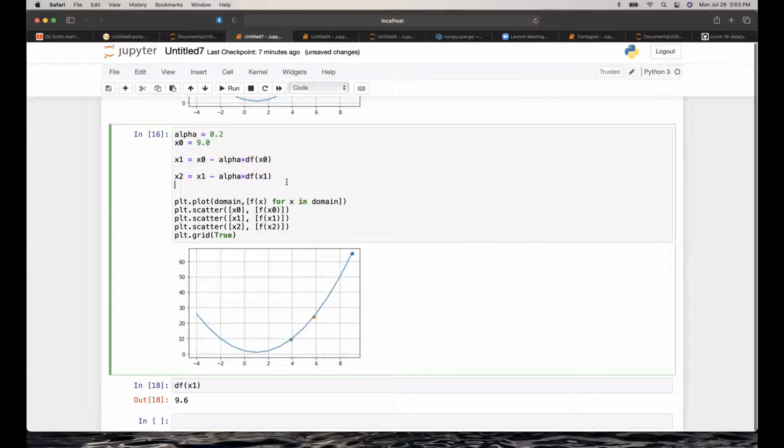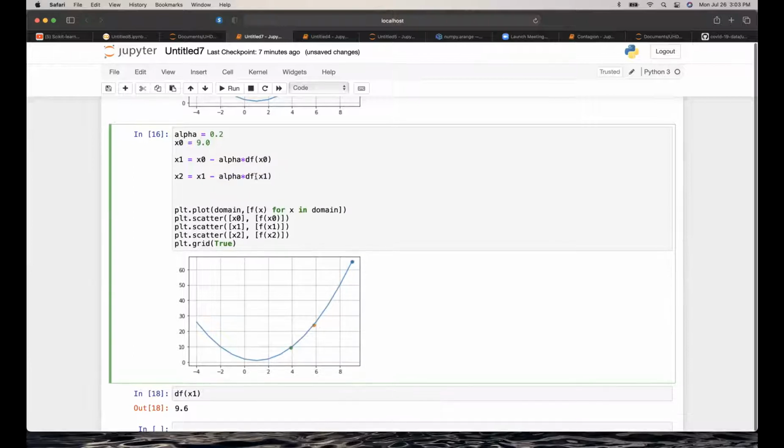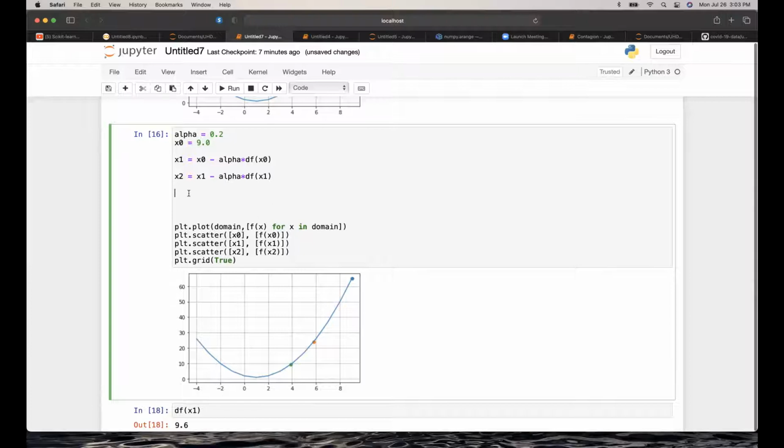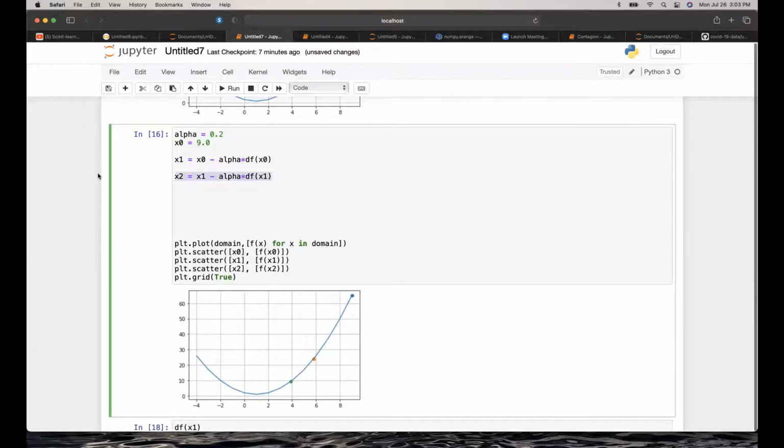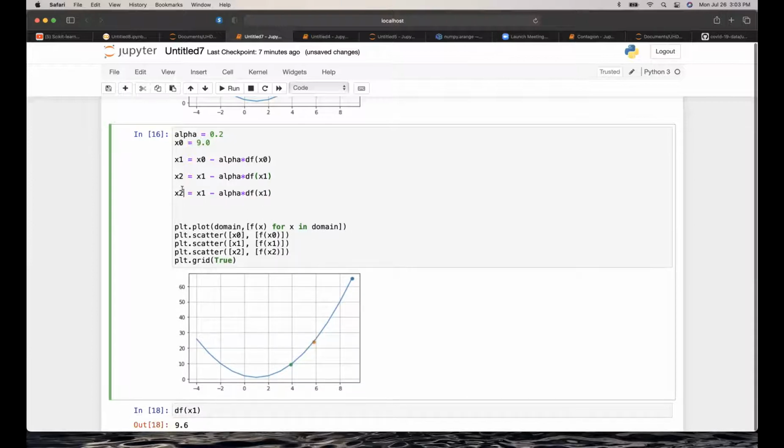And it looks like if I iterate this again, we're going to take an even smaller step. Let's just see what happens when we do this.